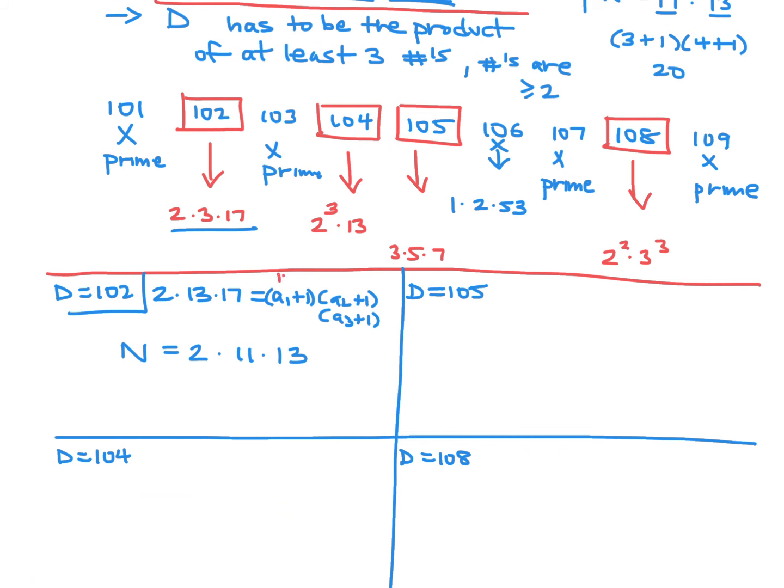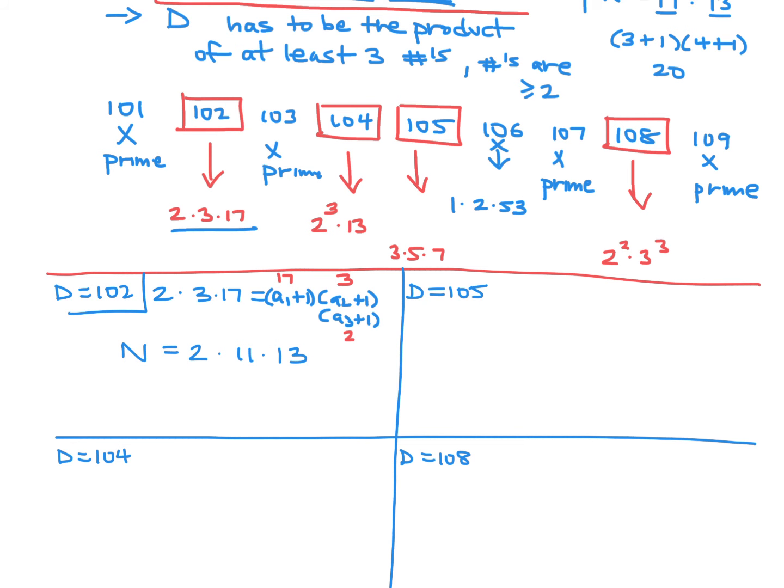Second guessing myself here, but yeah, that's right. Then the 3, following the same fashion, goes here, and then let the 2 go there, since that's going to be the exponent related to the 13.